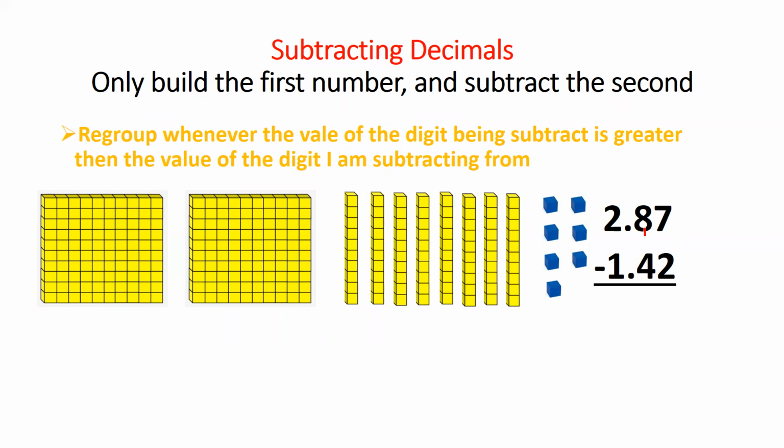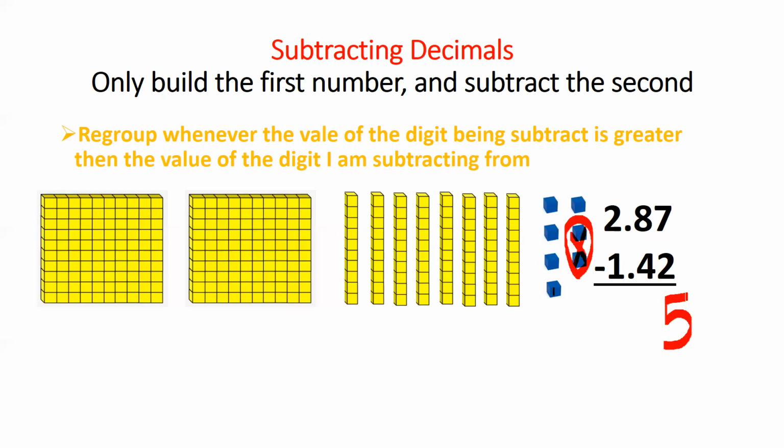So here, let's start with the hundredths place. I have 7 here, and for the 7 hundredths, you take away 2 hundredths. So you remove these 2. So how many are left over? 1, 2, 3, 4, 5. 5 hundredths will be left over here.